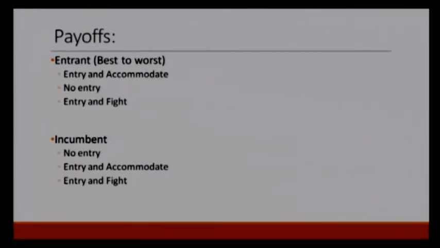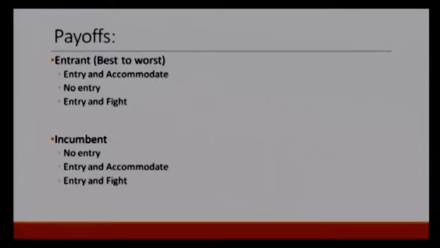Okay. What are the payoffs? We do not know the actual payoffs, one will have to do a market survey to figure out, but we can say that for the entrant the best outcome is that the entrant enters and the incumbent accommodates. In that way the entrant will get some market share. So, that is good for the entrant.